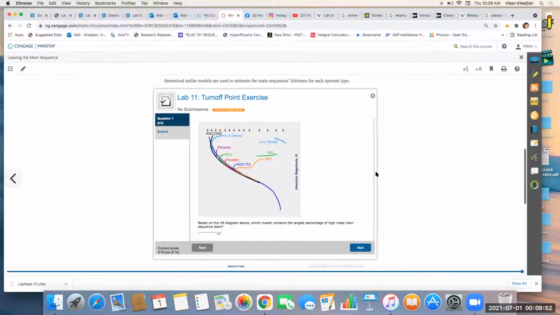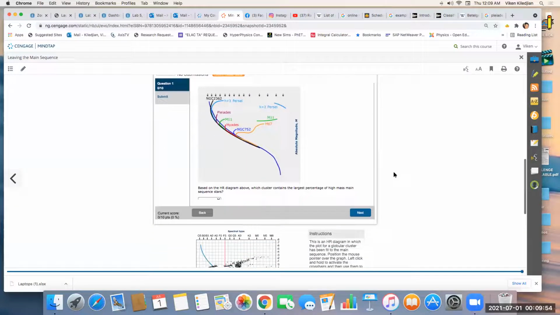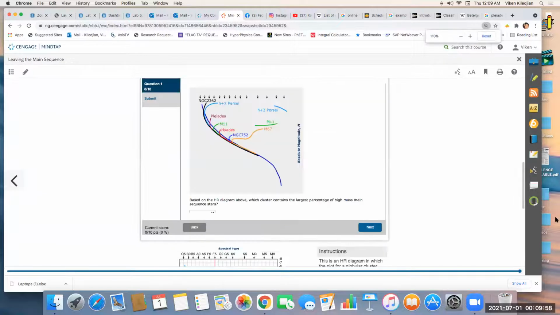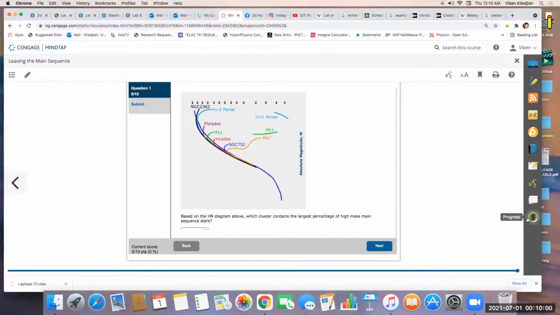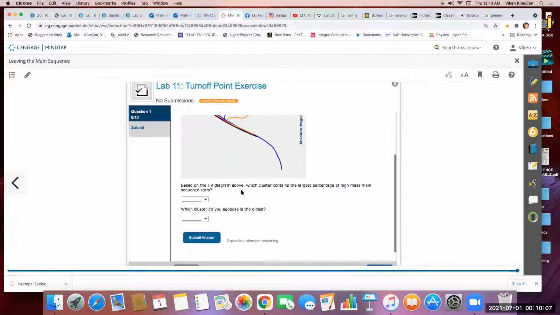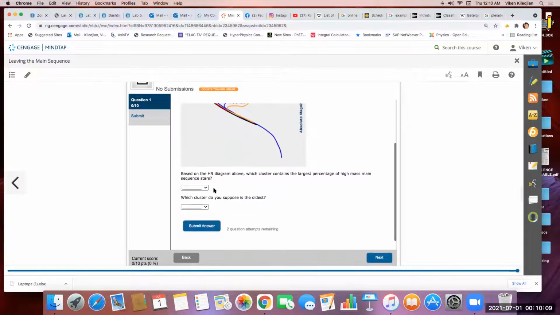Then you go to this exercise. This one might require two pictures: one for just the graph, and then one for the answers, so that you can show what you're basing these answers on.